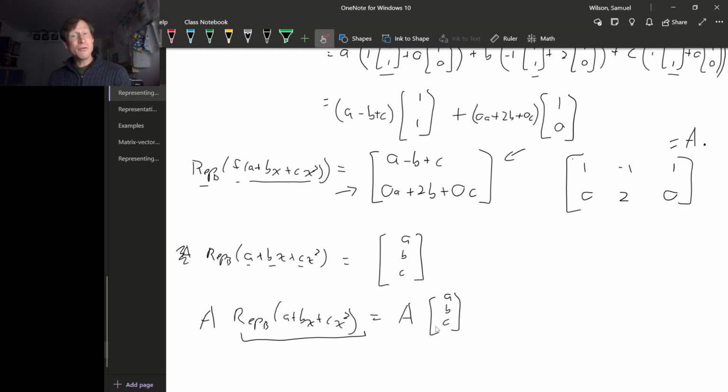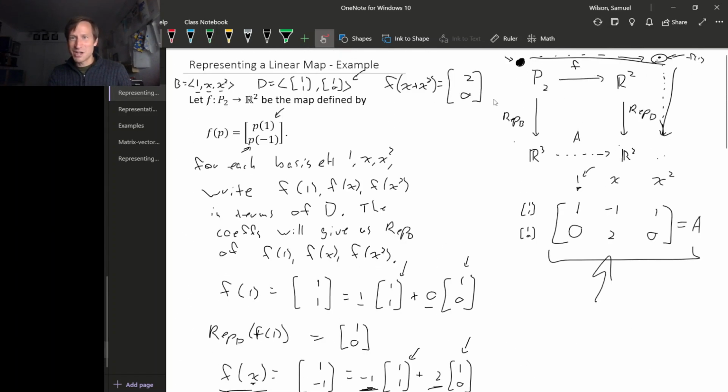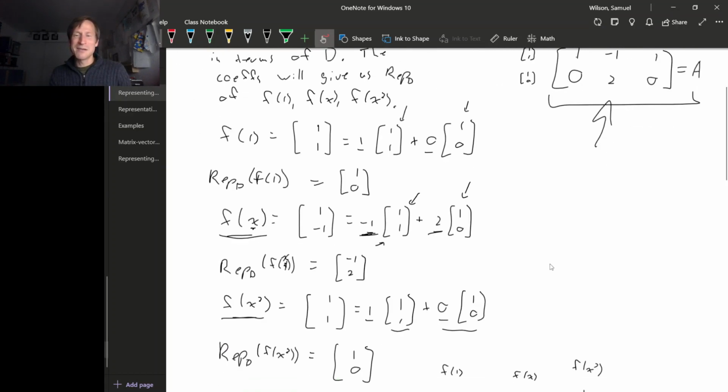And remember, we don't have any choice. We have to define the operation of what the matrix does by saying it has to be equal to this, to make this square up here come out right, so that going both ways gives you the same thing.